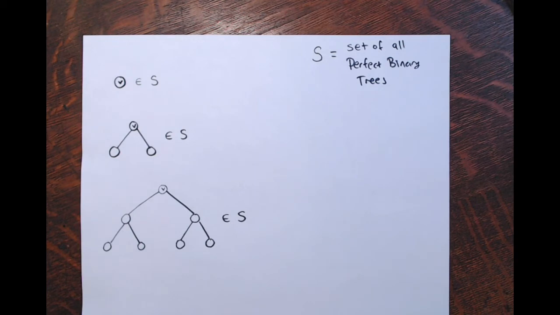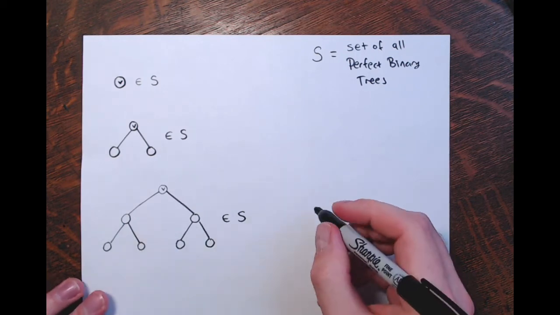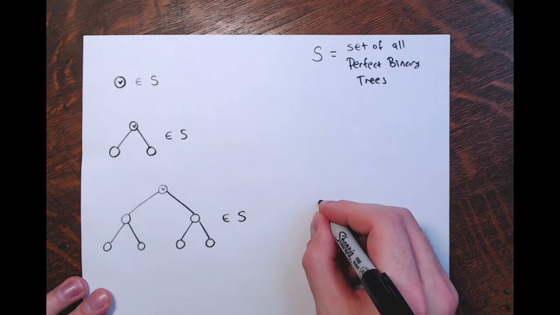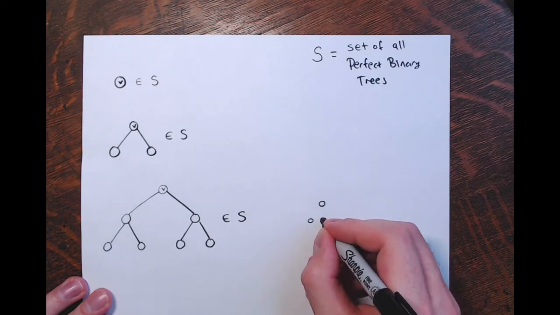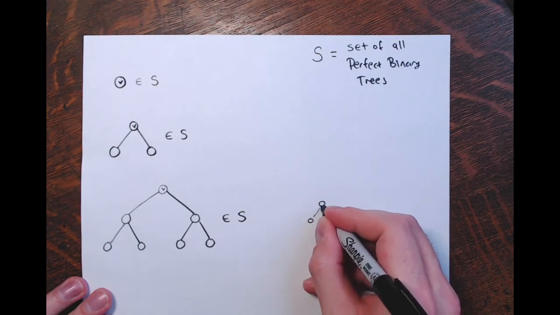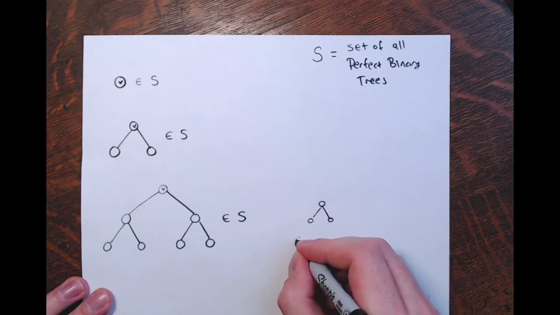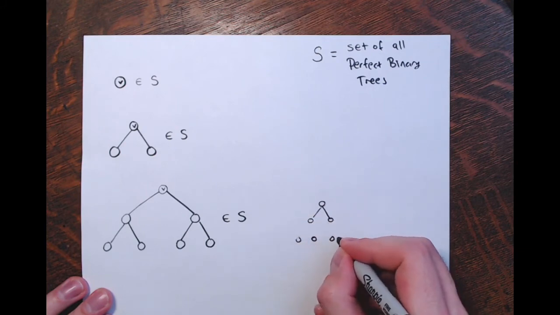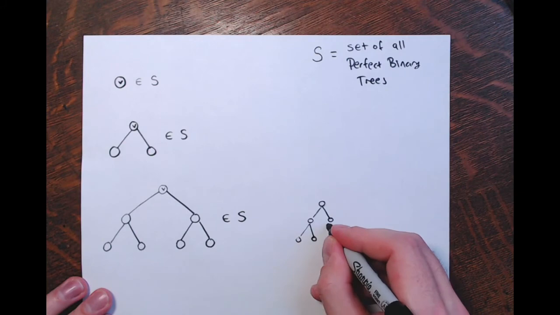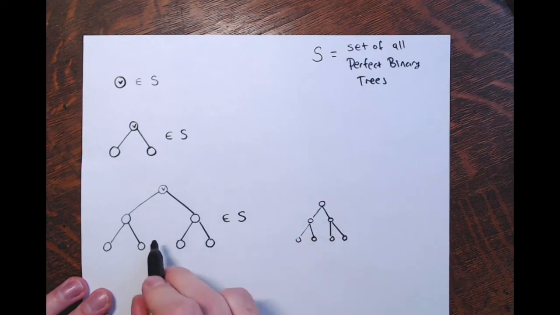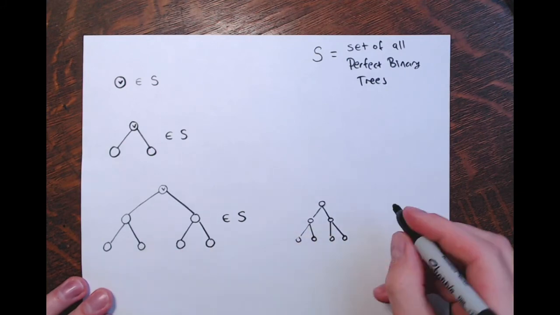And then again, taking this perfect binary tree, I'll apply the rule one more time, though there'll be a lot of drawing. So I'll make two copies of this. Here, I'm going to make it a little smaller. So there's one copy of this tree here.